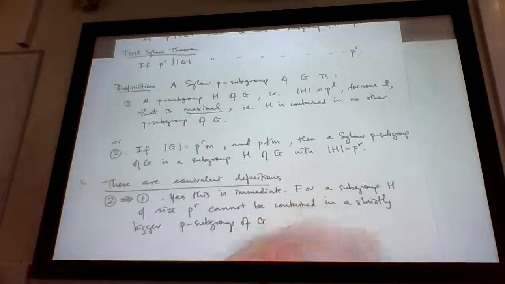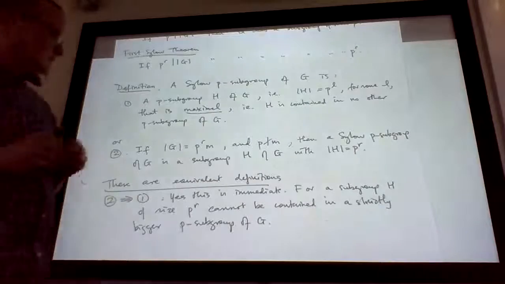Why is that true? Is that obvious? Does that need further clarification? So how will you convince us? Because P does not divide M. Yeah. Because P does not divide M.